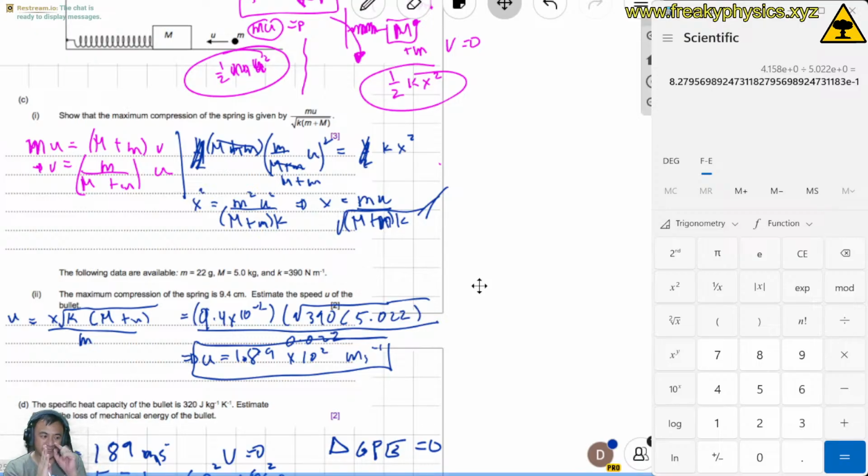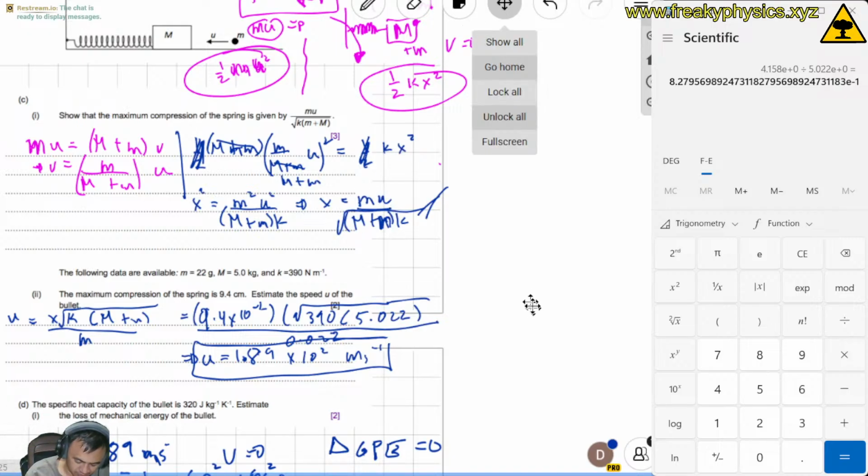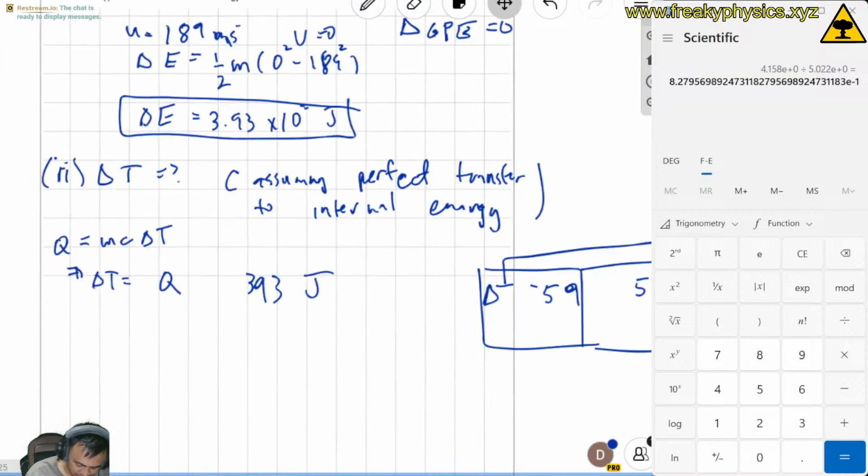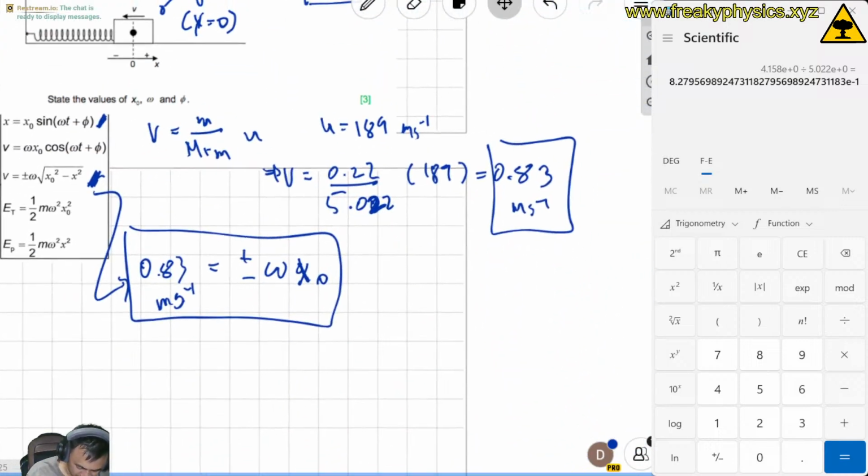And when it stops, that's when the spring is compressed maximum, right? So maximum compression is the amplitude. Oh, it's just a negative. Yeah. So in this case, we don't know its value, but we have the formula. Actually, it's already given here. Actually, no, we don't even have to solve. It's given right here. Maximum compression is 9.4 cm. So x0 is 9.4.